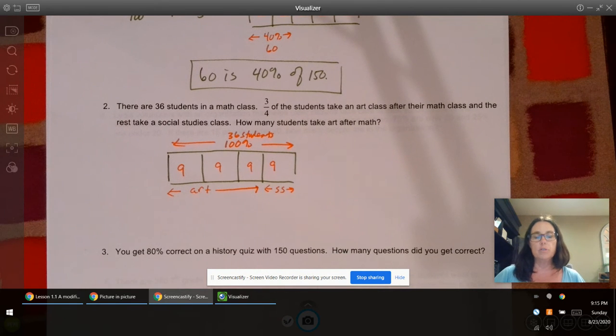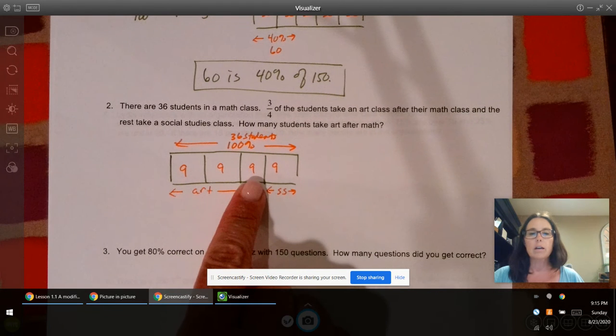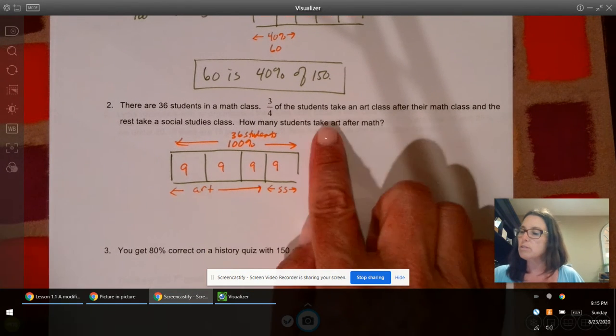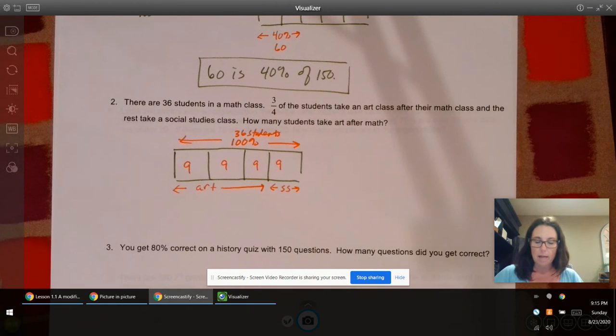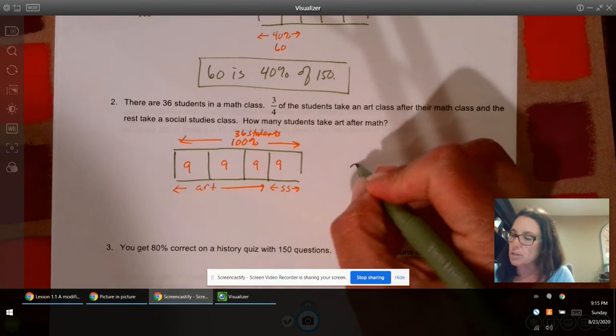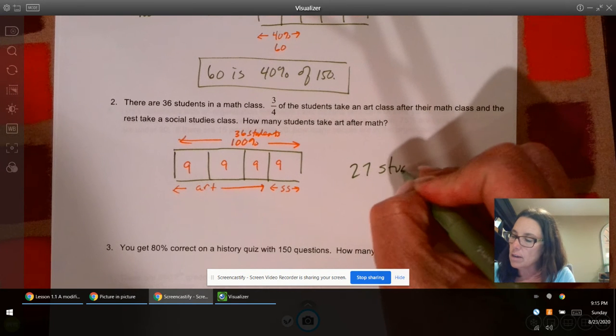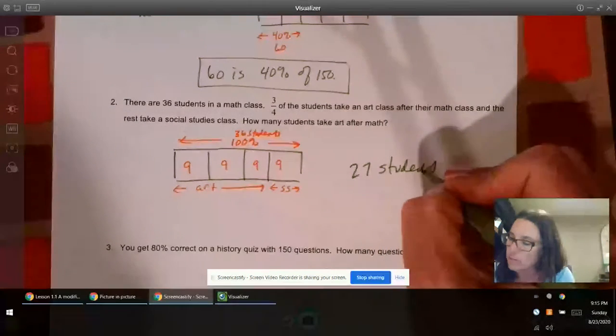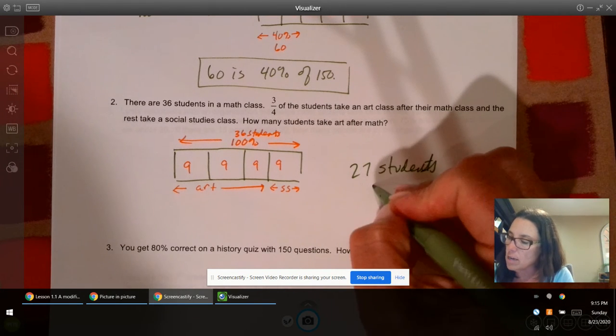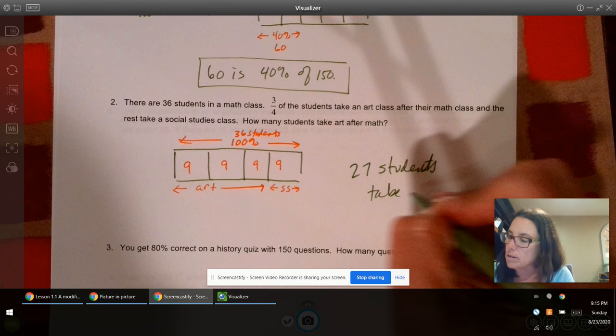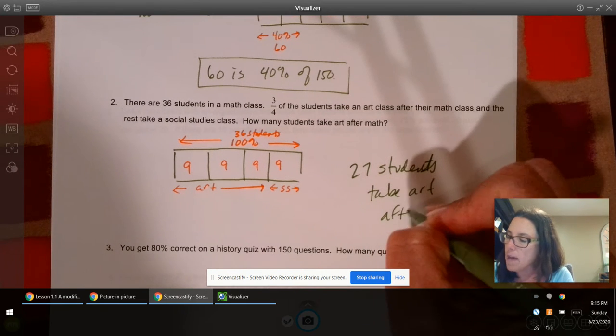If I asked you how many kids took art, you would say 3 times 9 is 27. So the question is, how many students take art after their math? 27 students. Students, I forgot the T. Students take art after math.